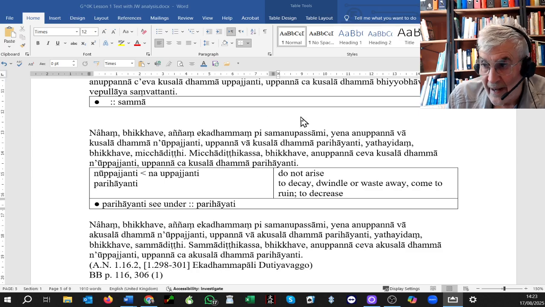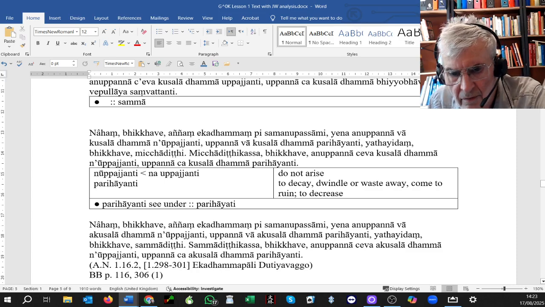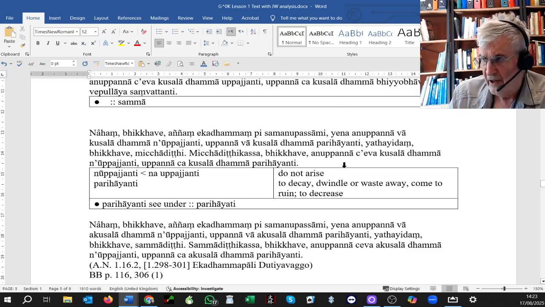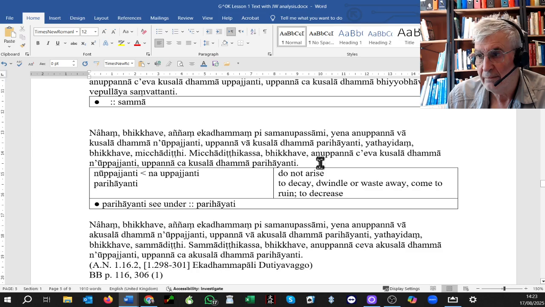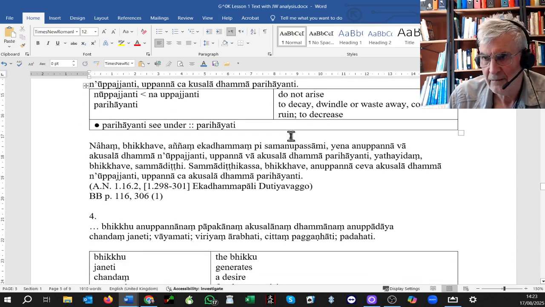So micchadittikassa bhikkhave, for one of false view, O monks, anupanna cheva kusala dhamma nupajjanti uppanna cha kusala dhamma parihayanti. And again, you shouldn't need any further explanation here. All of these words and phrases we have had.